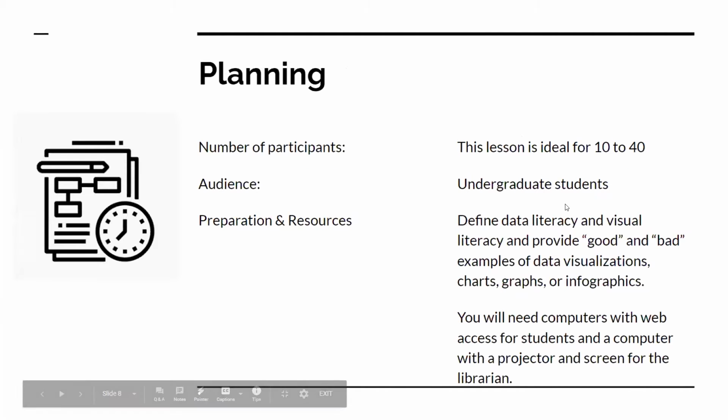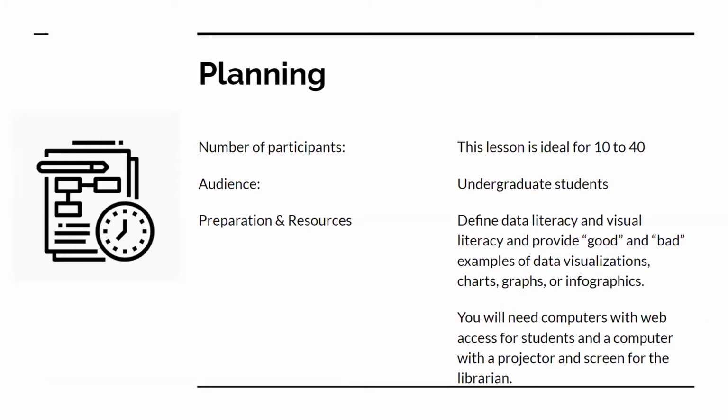There is a planning component of this, right? So how many participants? Ideally, 10 to 40 is usually what I teach with. And the audience is undergraduate students. And there are a few things that I suggest that you do to prepare for this lesson, right? So you're going to want to define data literacy and visual literacy.